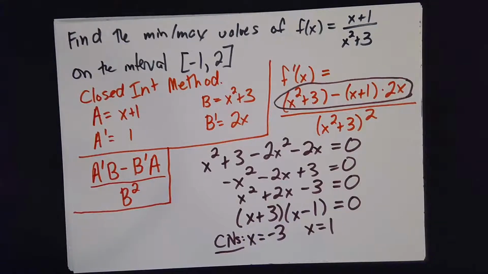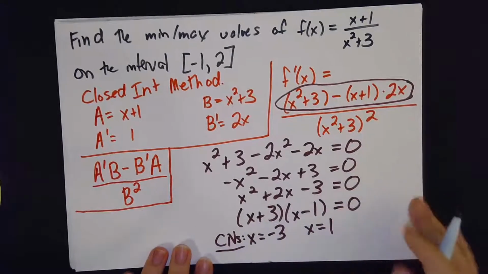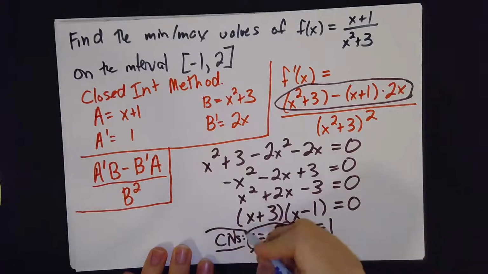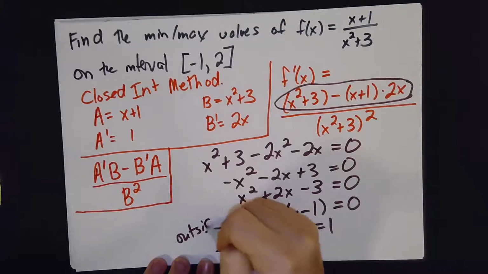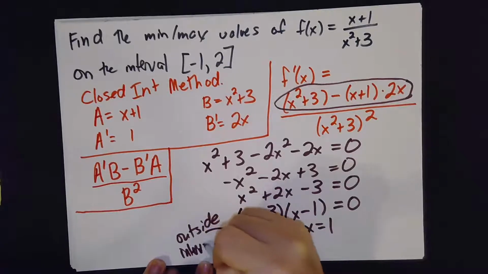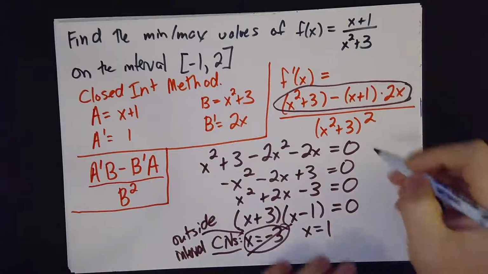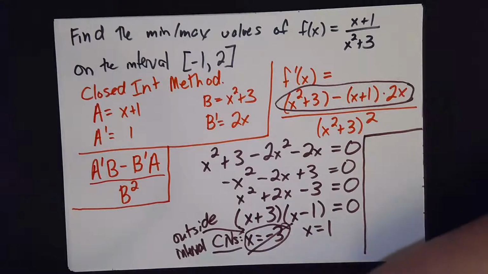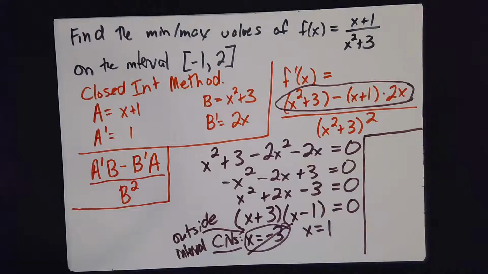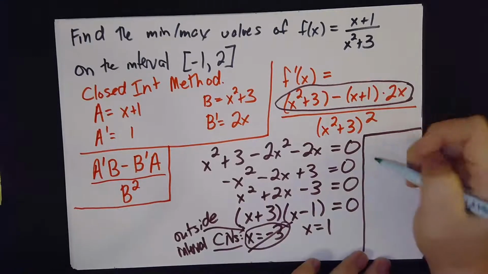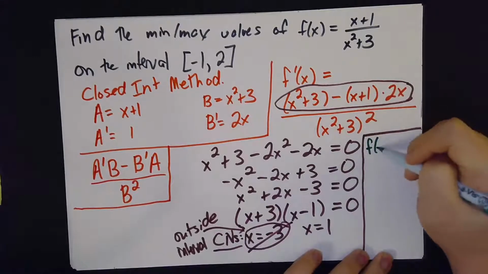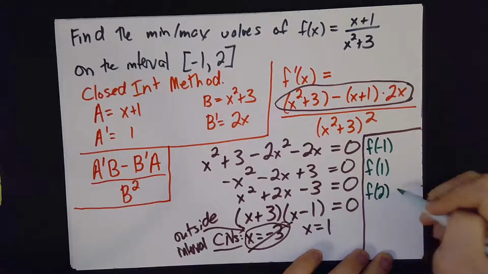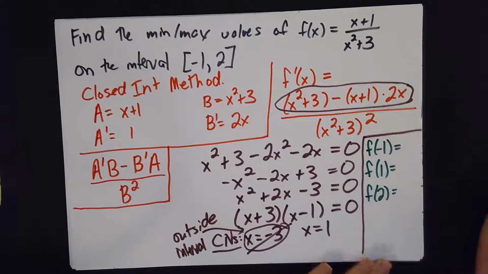Okay. And people are actually really good at not getting fooled by this on the test. Minus 3 is outside the interval, so we throw that one away. So then, continuing to follow the closed interval method procedure, I need to calculate f of minus 1, f of 1, and f of 2. Okay.